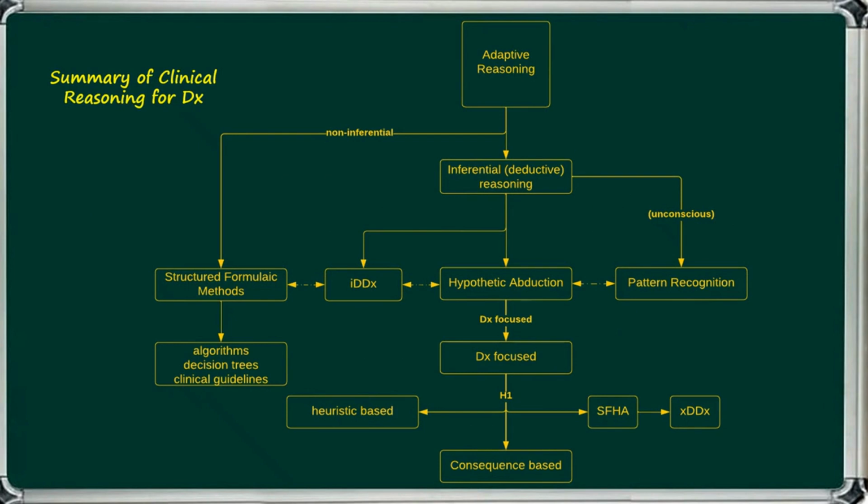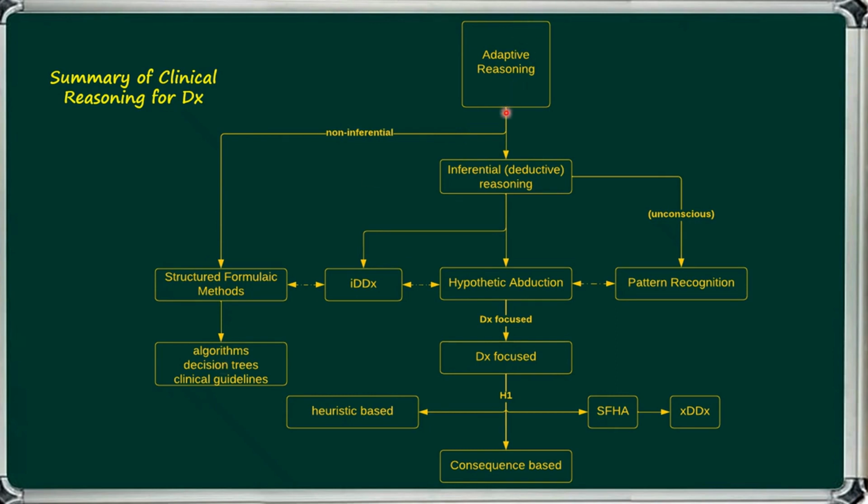Okay, let's summarize what we've done in this presentation. We're starting with adaptive reasoning, and we can go inferential or non-inferential. The non-inferential part of adaptive reasoning is structured formulaic methods: algorithms, decision trees, clinical guidelines, and so on.